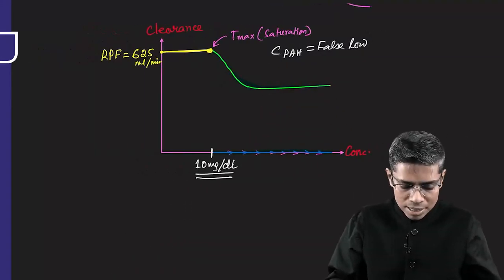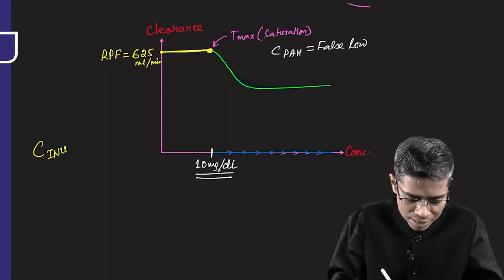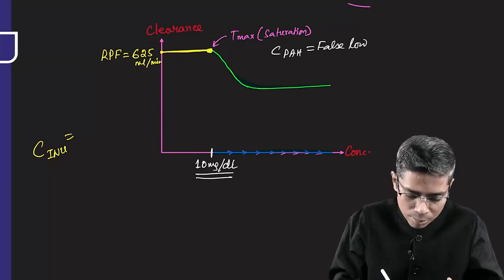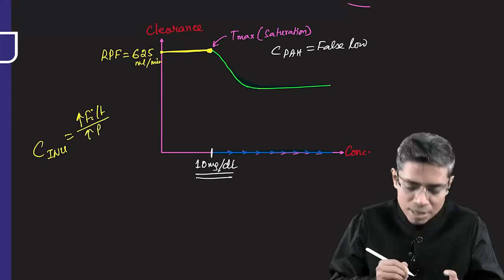Now in this clearance curve, if I ask you how the clearance of inulin will look, if I give a huge amount of inulin injection, what will happen? Inulin is a freely filterable substance. The more you inject, the more will be the concentration, the more will be the filtration, and proportionally more is the plasma concentration.